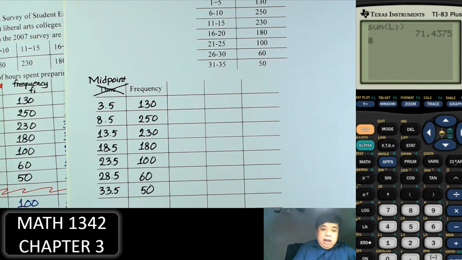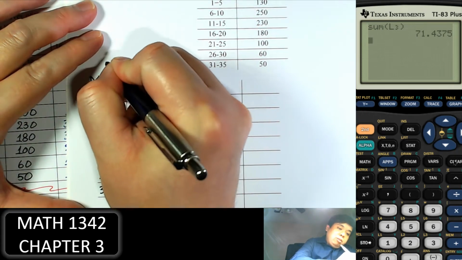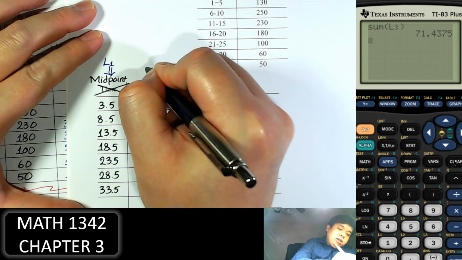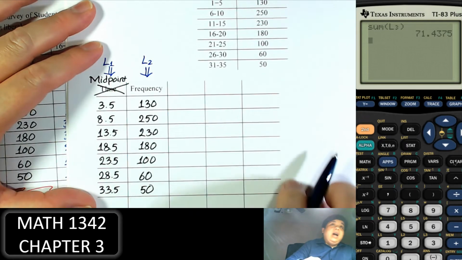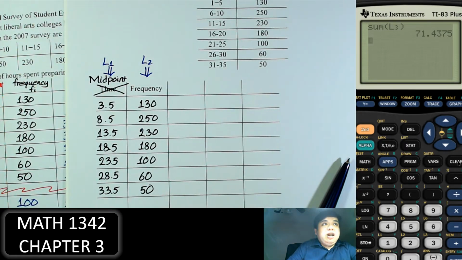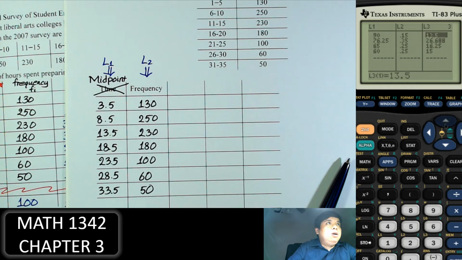Right. And like I said, for this kind of problem, I recommend we just use a calculator. Put the midpoint in list 1 and the frequency in list 2, and then do one variable statistic, L1, L2. Clear that.